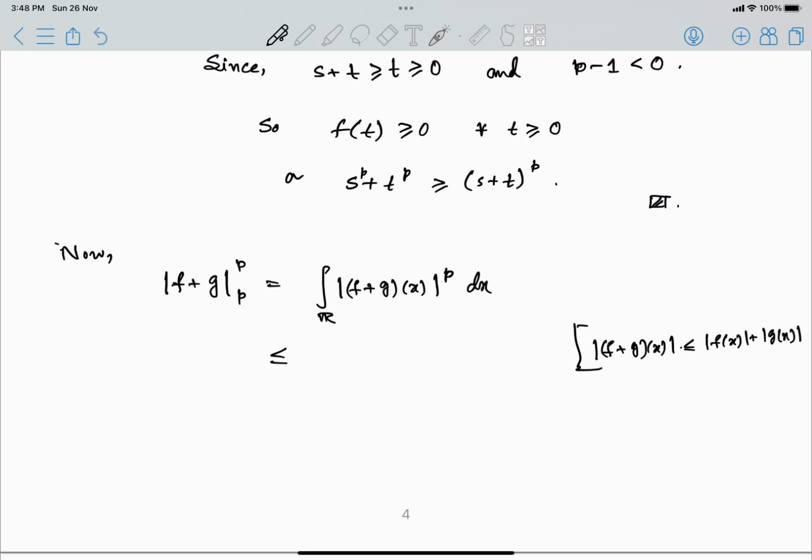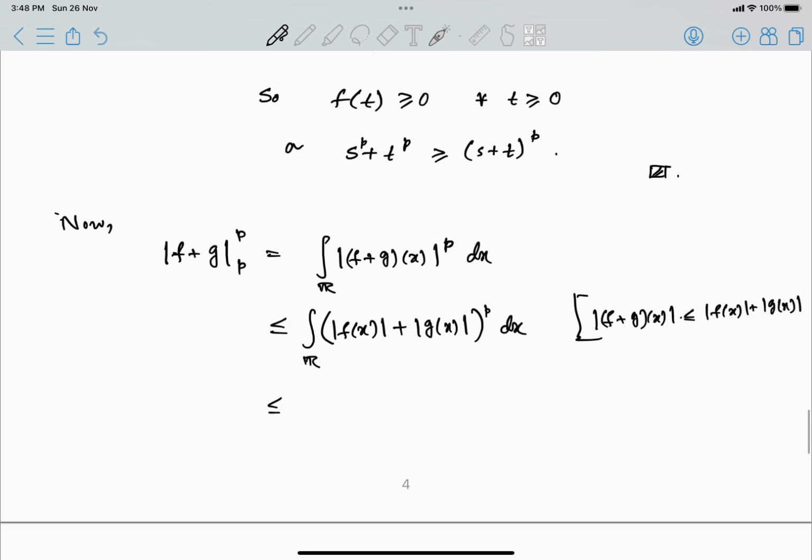Use this one, so then what you will get is the integral of (|f(x)| + |g(x)|)^p dx.